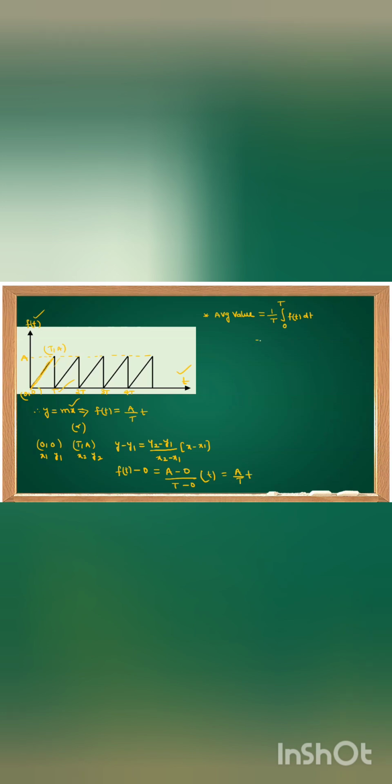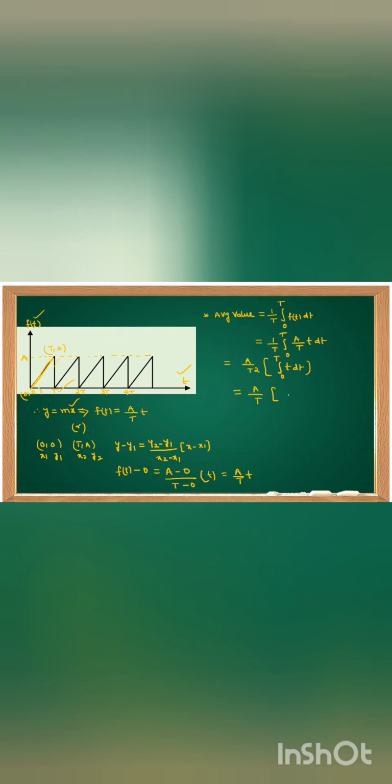Now substitute here: 1 by T integral 0 to T of A by T into t dt. A by T is a constant, so that is A by T square, integral 0 to T of t dt. The integration of t is t square by 2.